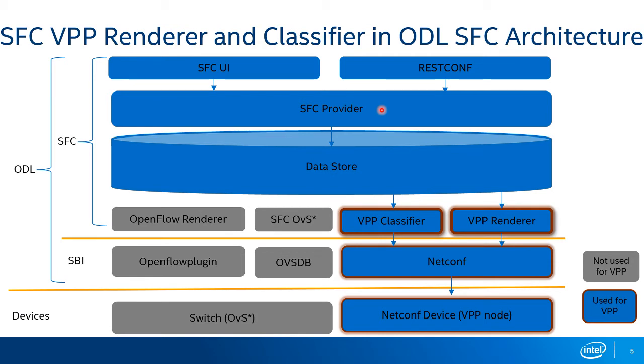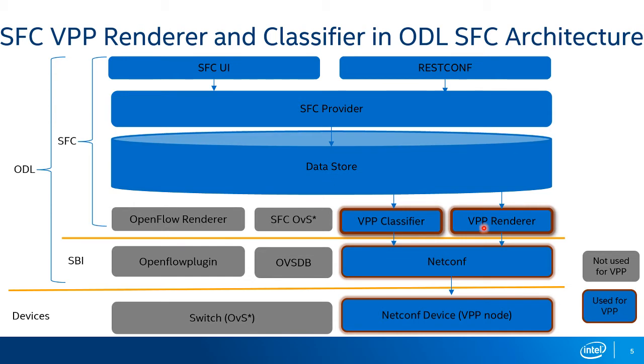This is the OpenDaylight SFC architecture, with the VPP classifier and VPP renderer here. When a user creates an RSP by SFC UI or REST call, the information will be saved into the SFC data store.